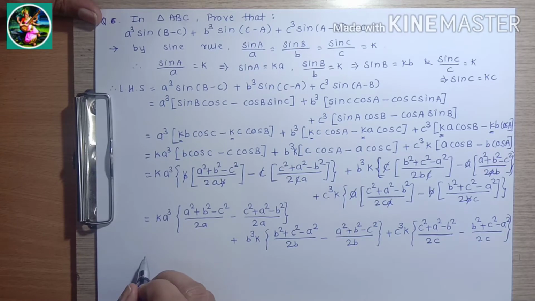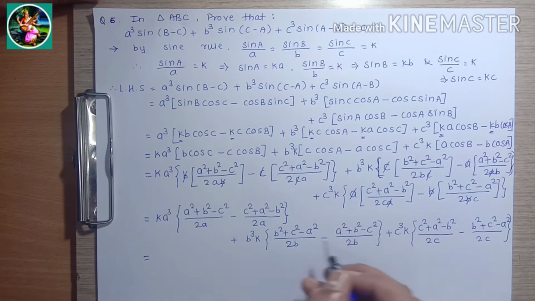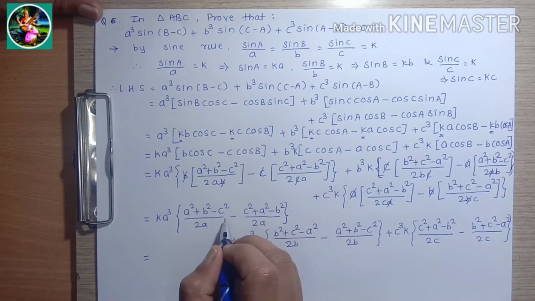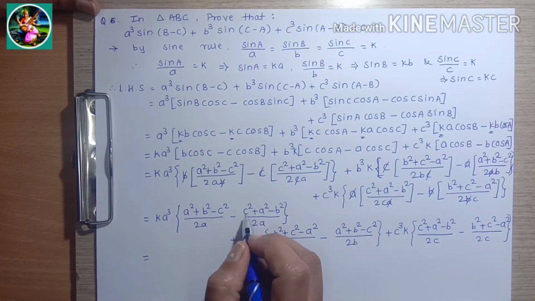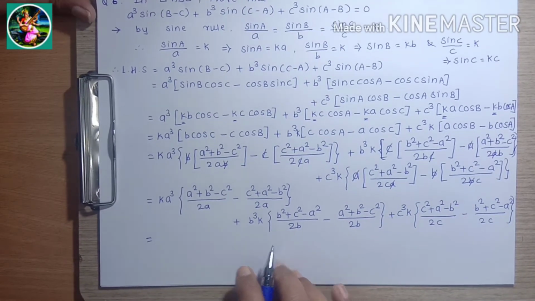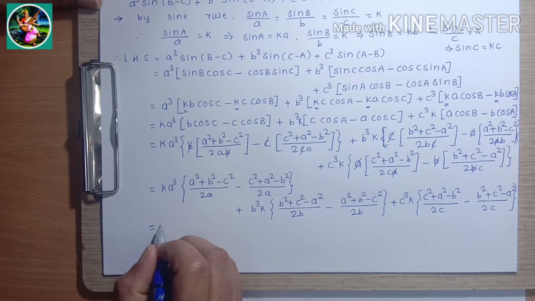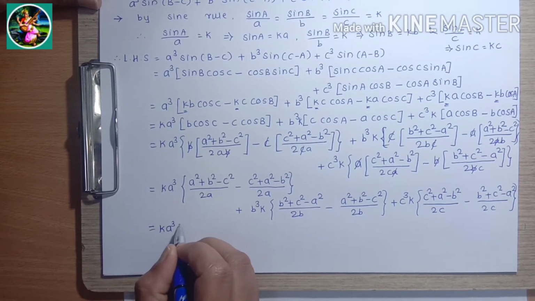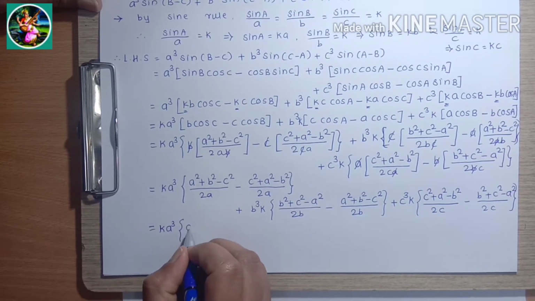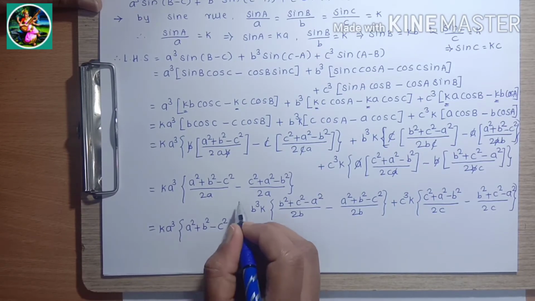Here in each bracket we can see the denominators are the same, therefore we can add or subtract their numerators directly. Therefore we write ka cube into bracket a square plus b square minus c square.